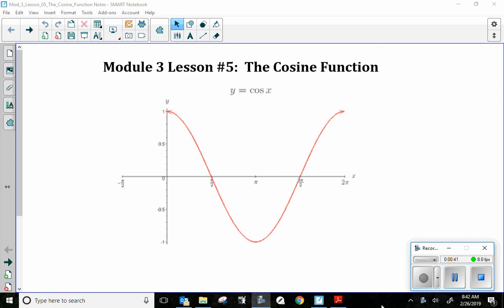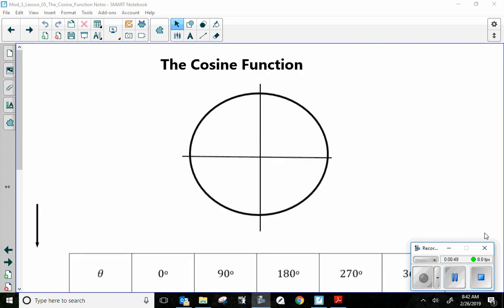All right, so let's take a look at the cosine function. If you remember last lesson, I think we just finished the sine function, and now we're moving to cosine. This should look familiar.